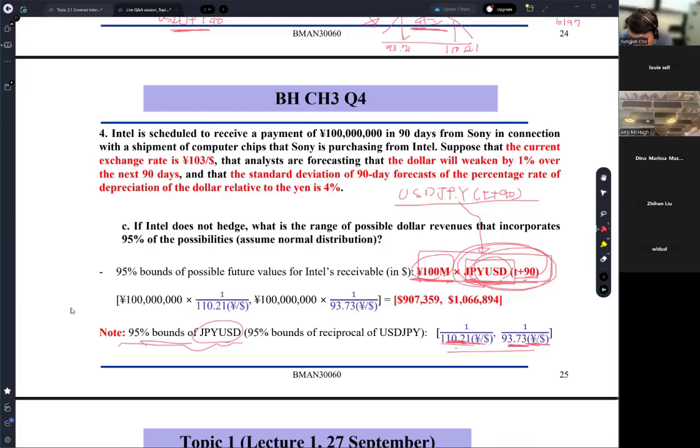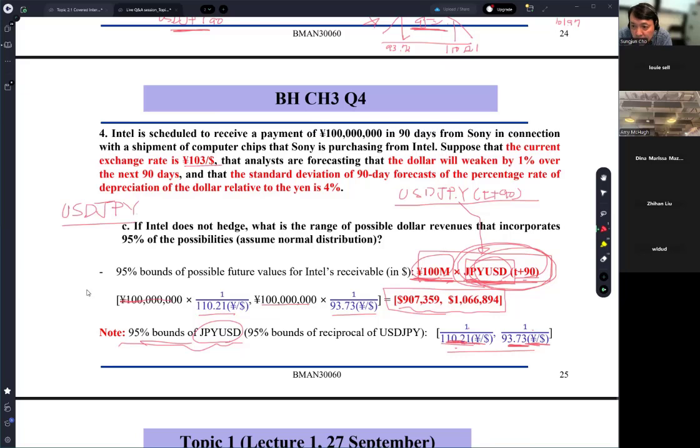You're going to multiply these two numbers, each one by 100 million yen. 100 million yen times lower bound, 100 million yen times upper bound. So this is going to be the 95% bound of the dollar revenue. So this question, let me summarize a little bit. Every piece of information is given for future USD JPY.